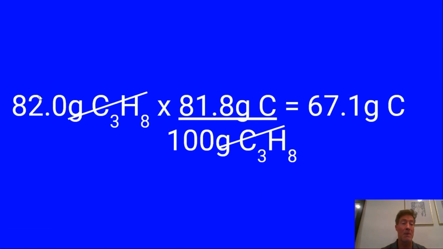I would set this up: I've got 82 grams of propane, and my conversion factor is 81.8 grams of carbon out of 100 grams of propane. So my grams of propane cancel, and I'm left with grams of carbon, which is what I want. 67.1 grams of carbon. So if I start with a sample of propane that weighs 82 grams, and about 82% of it is carbon, then 67.1 grams of it are going to be carbon.